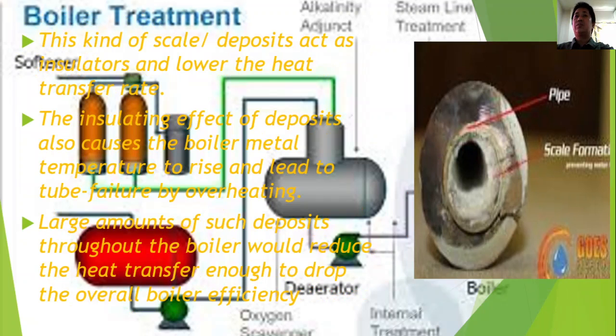Next. This kind of scale deposit acts as an insulator and lowers the heat transfer rate. This is true, because as you can see, if this is bare metal and there is a fire outside here, meaning a water tube boiler, because the water is inside and the fire is outside. So the gases of combustion are outside the tube, and the water is inside the tube.